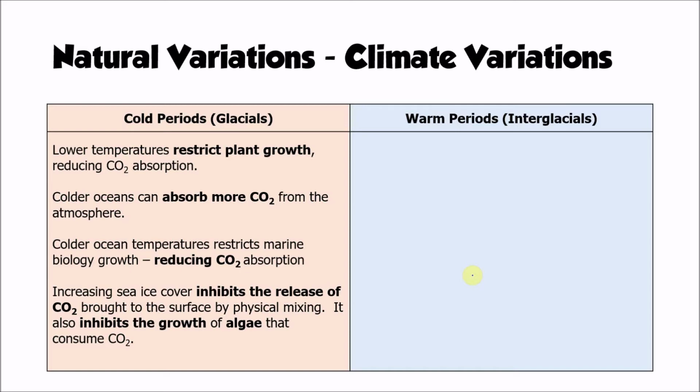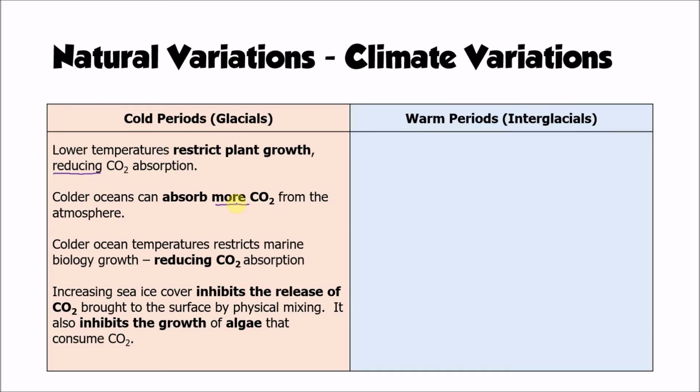The colder the oceans are, the easier it is for them to absorb carbon. So actually we've got a bit of a counterbalance going on here, whereby although there's less CO2 being absorbed by plants, more CO2 is being absorbed by the ocean. So this is a very complex balance between the different stores.